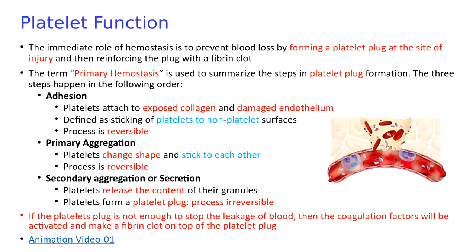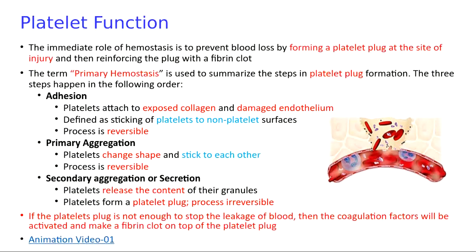They are going to release the alpha and the delta granules that contain serotonin, that contain ADP energy so that they can continue to do their job. It will contain fibrinogen, platelet factors, all these substances that make it possible for them to form a platelet plug at the site of injury to try to prevent the blood from leaving the blood vessels.